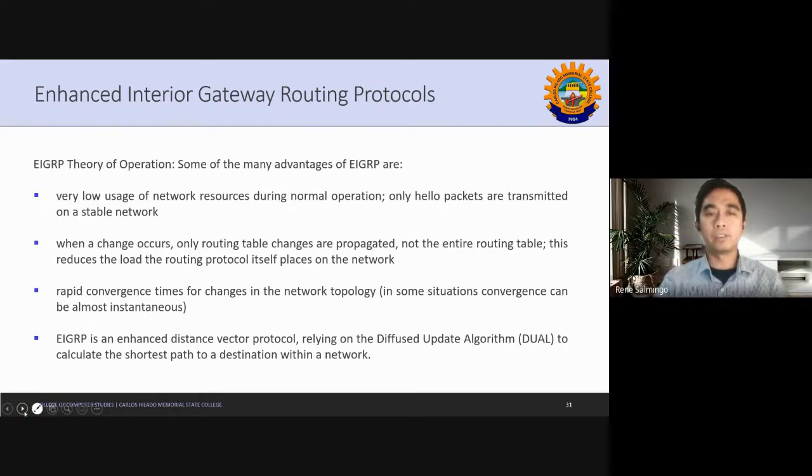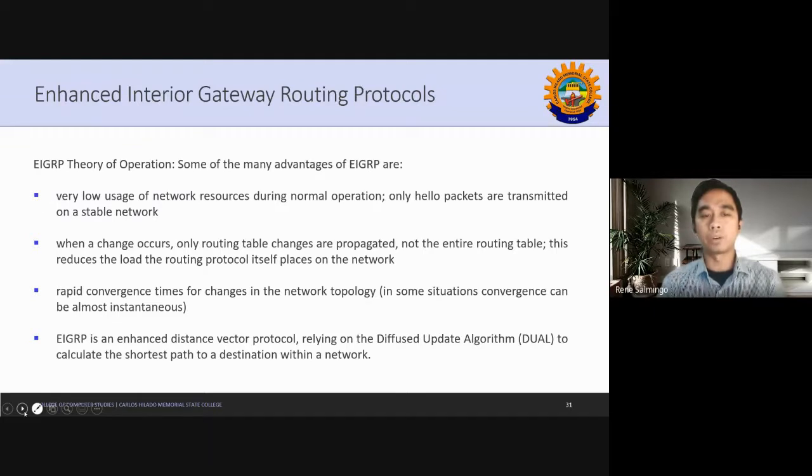So Enhanced Interior Gateway Routing Protocol has some advantages. It has very low usage of network resources during normal operation. It only uses hello packets that are transmitted on a stable network.